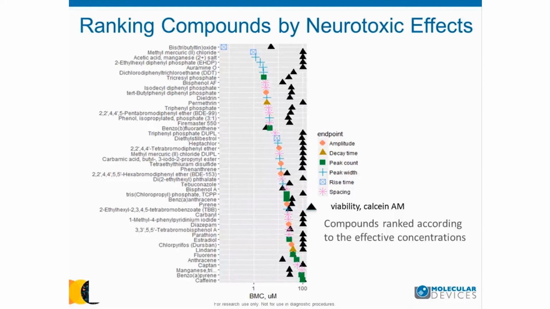And as a black triangle, there is the effective concentration for corresponding viability effects. So this information can be used for flagging potentially toxic compounds and for prioritization of those for other tests. This method is very suitable for screening of multiple chemicals in the high-throughput format.